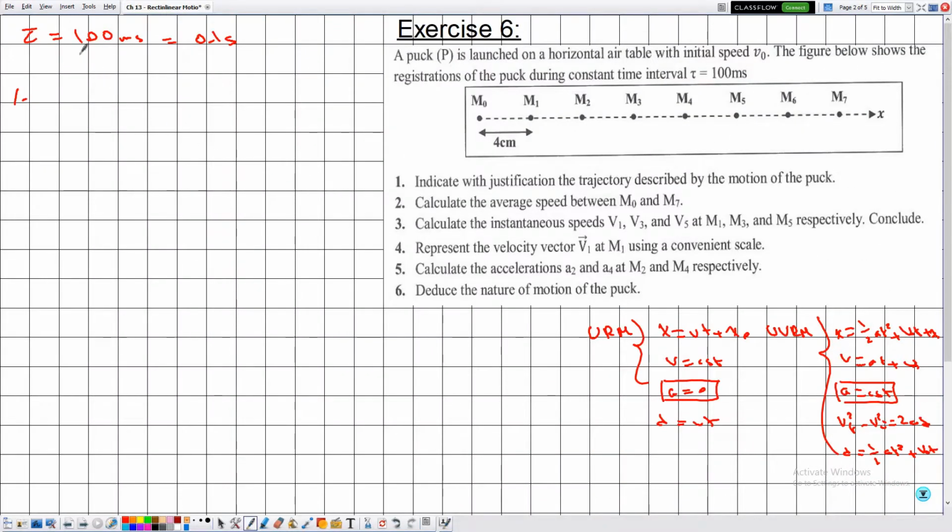So let's say since the registered dots belong to the same straight line, then the trajectory is rectilinear.